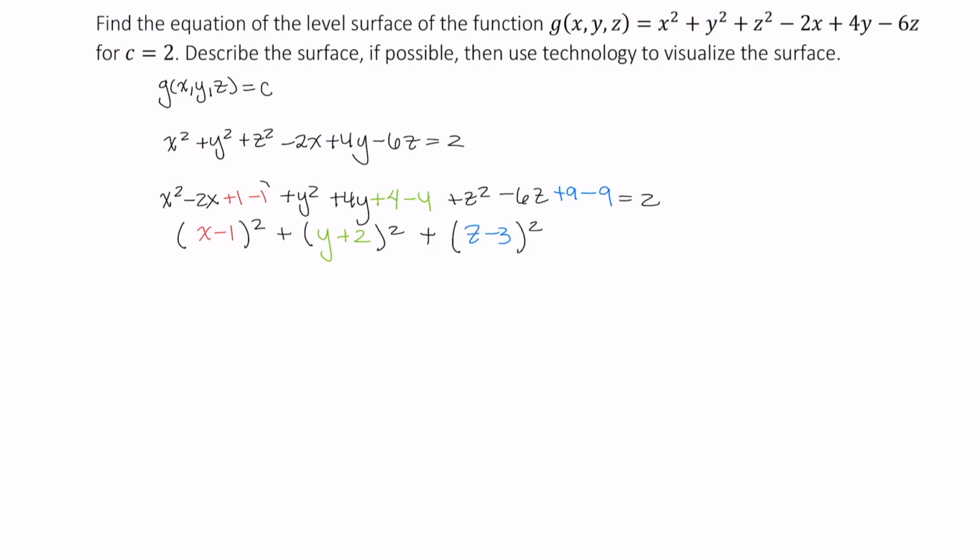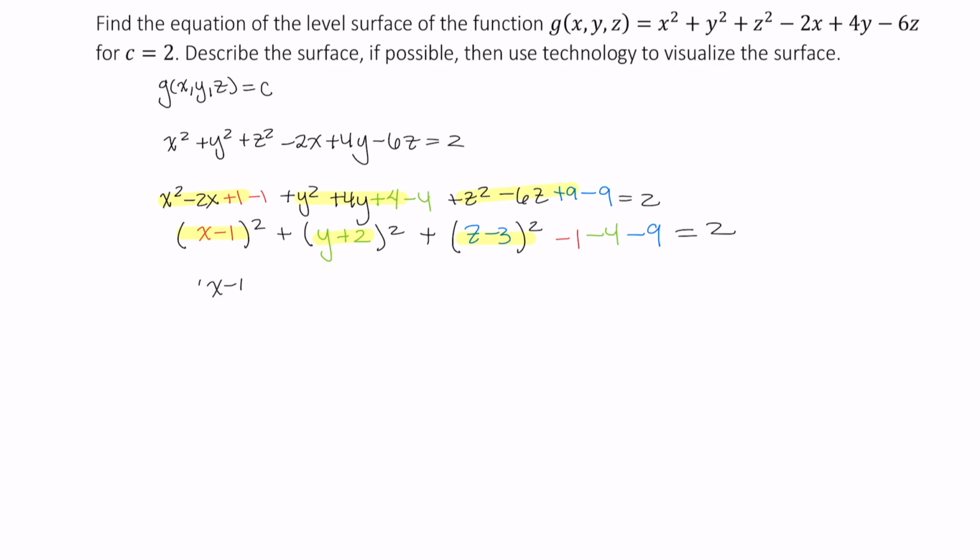And then, of course, we still have this minus 1, minus 4 to take care of here. And let me highlight these, actually. So this became this, this one became this, and these terms became this term. So, of course, I still want to have minus 1, minus 4, minus 9. And all of this is equal to 2.